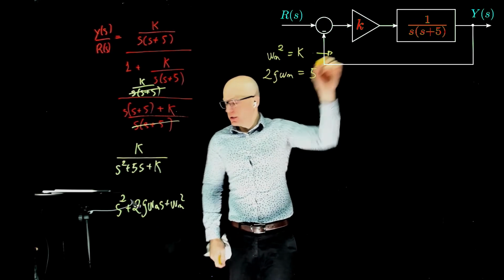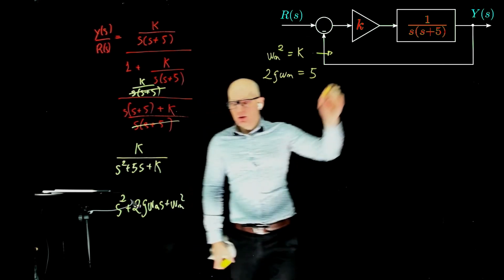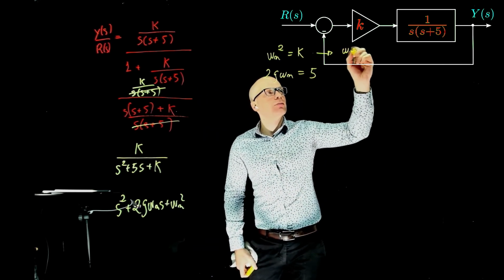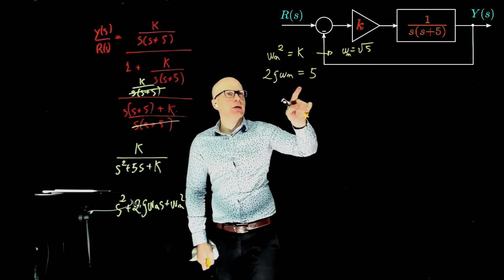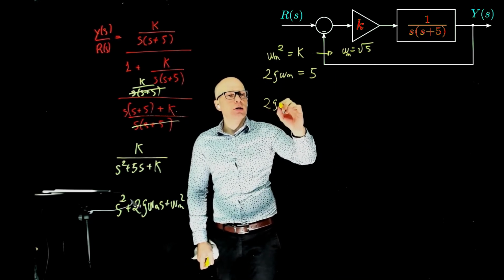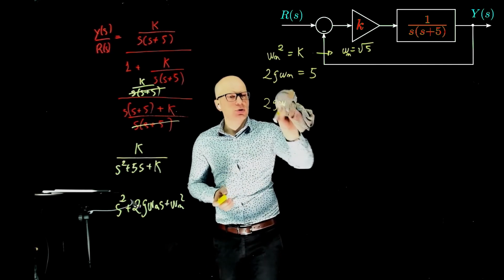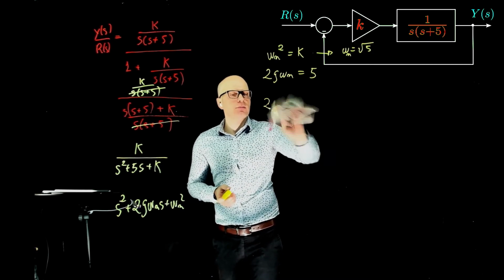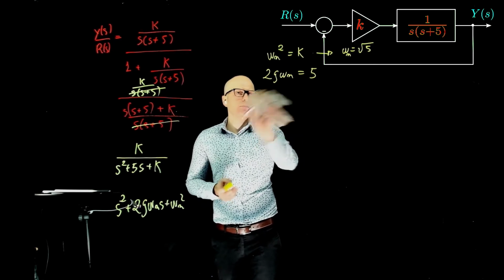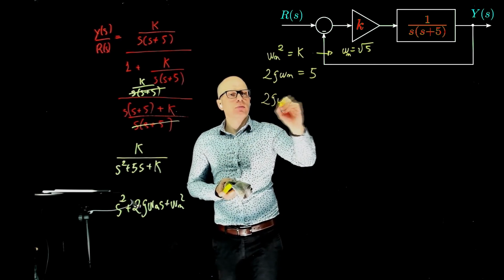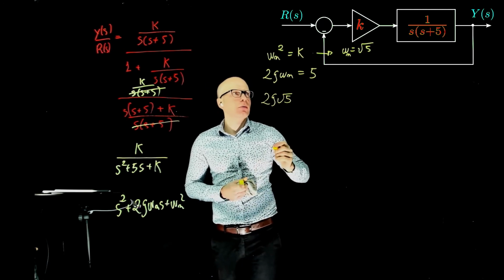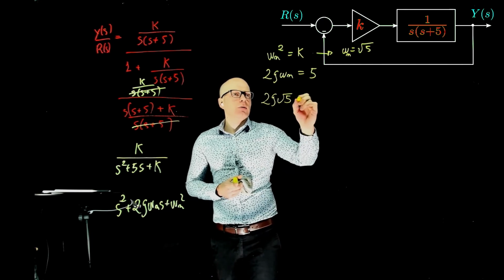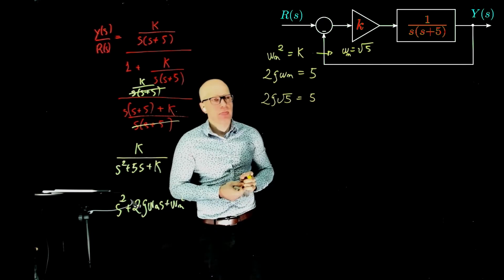From this expression here, we have omega n equals square root of 5, and you can replace it down here. So you have 2 zeta omega n, which is square root of 5, equals 5. What is zeta?